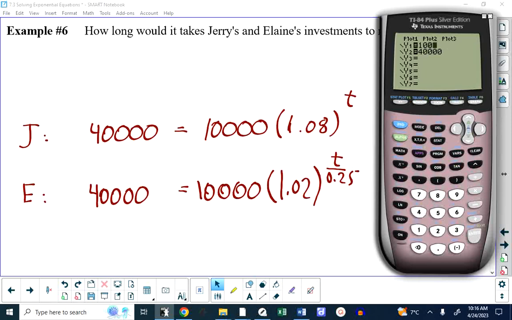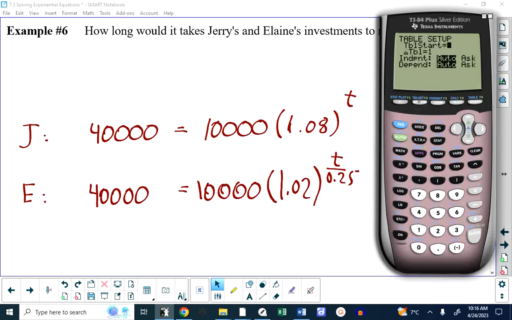We have 10K times 1.08. Didn't really need the brackets there. Could have just put times raised to the x.